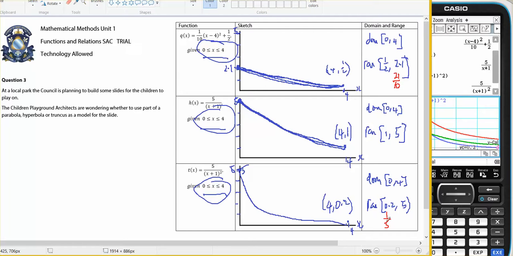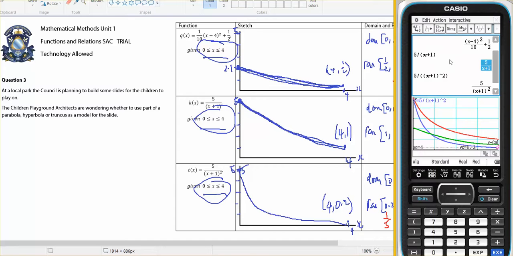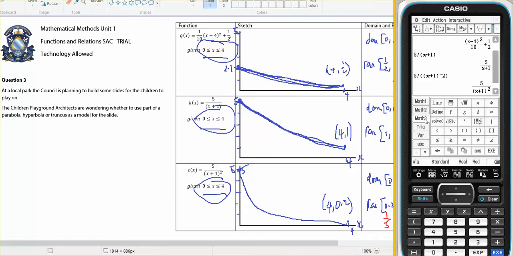Both 0.2 and 1/5 are both exact. 2.1 and 21 on 10 are both exact because the 2.1 wasn't a rounded number. I could have found my endpoints by subbing in x equals 4 into the equation, and again it would have given me the answers as well.